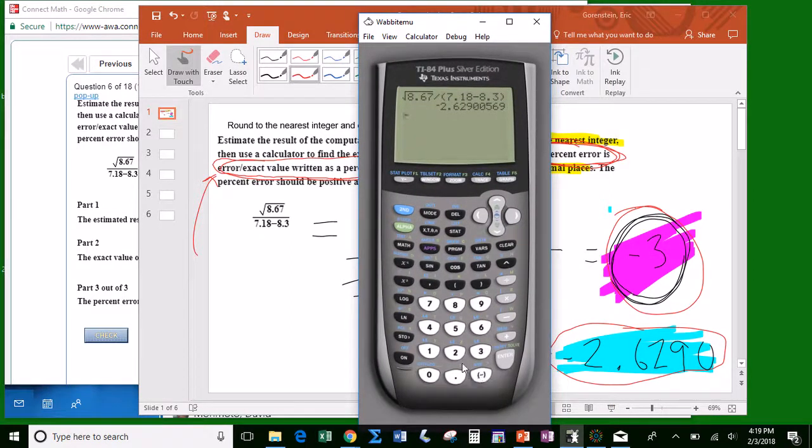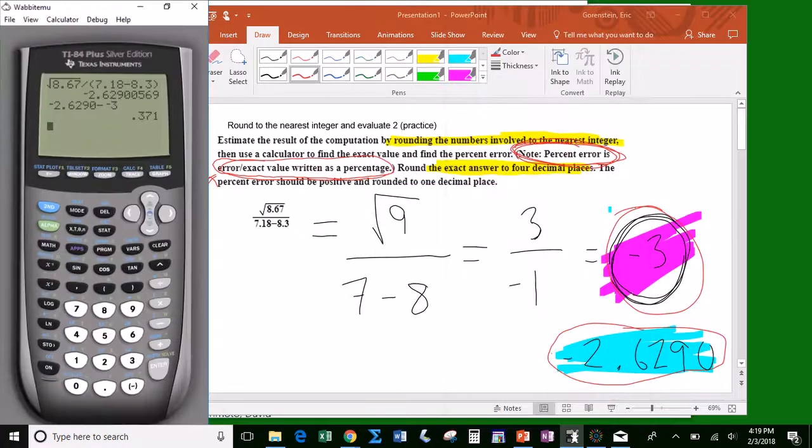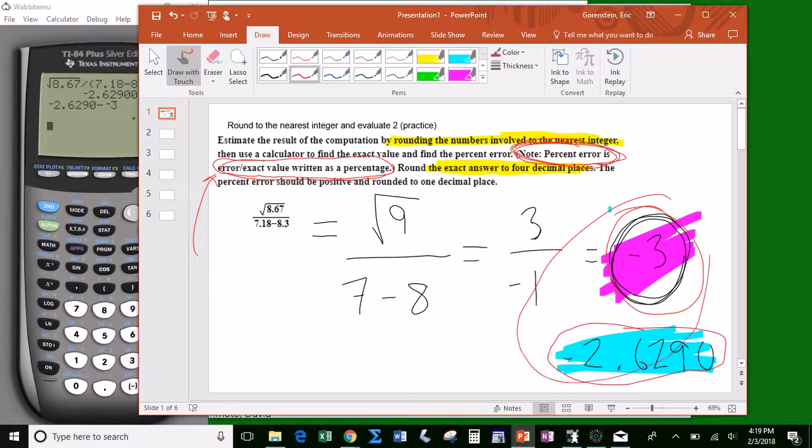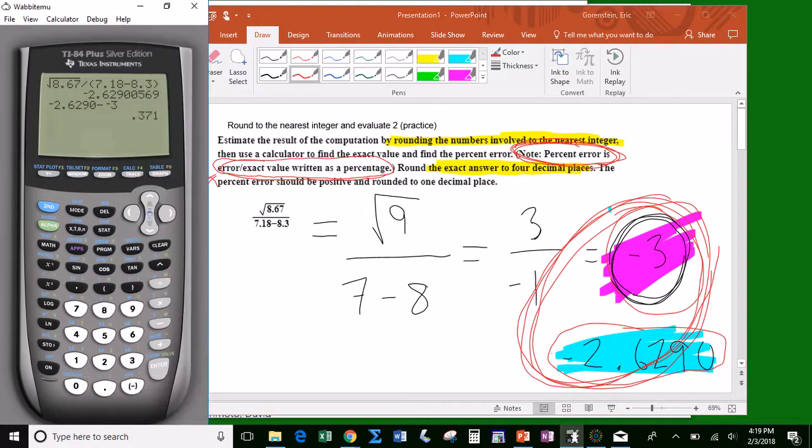Negative 2.6290, and I'll subtract off the negative 3. So that's the error. The 0.371 is the difference between these two numbers.